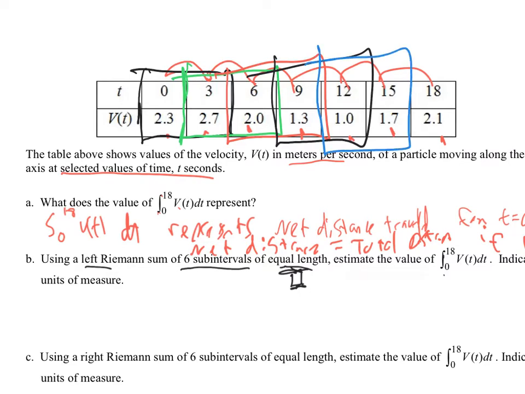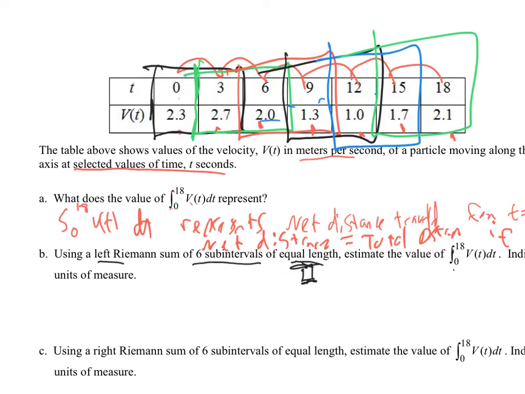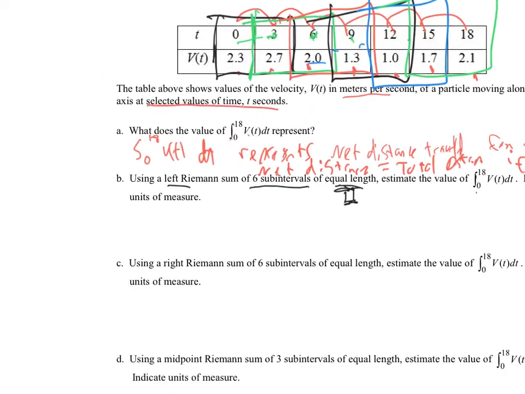Share this one. So I got 1, 2, 3, 4, 5. I need one more. 6. There they all are. And the beauty is, from 0 to 3 is 3. From 3 to 6 is 3. From 6 to 9, they're all 3.